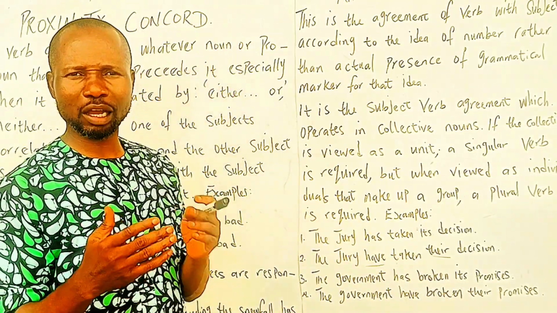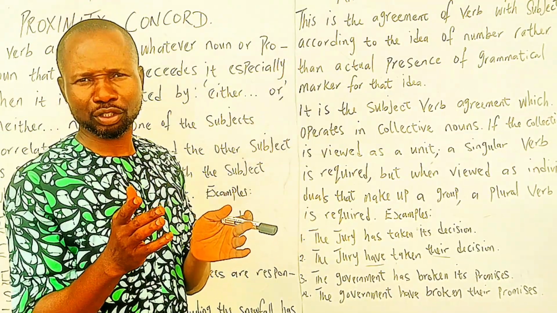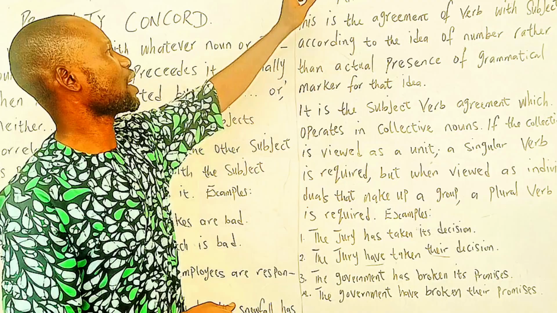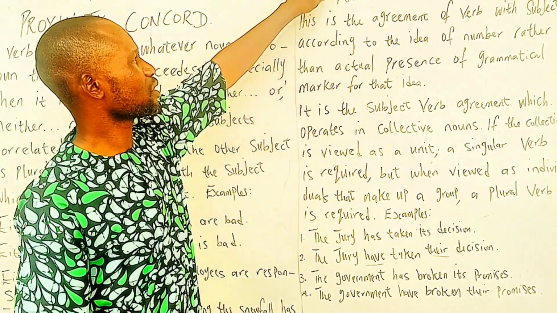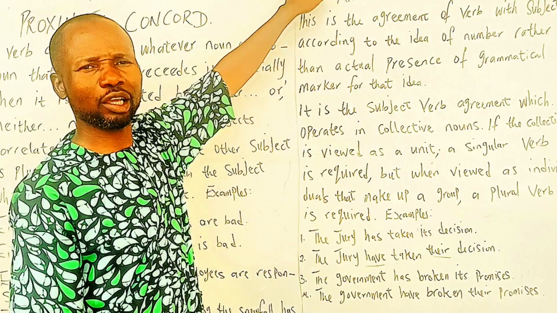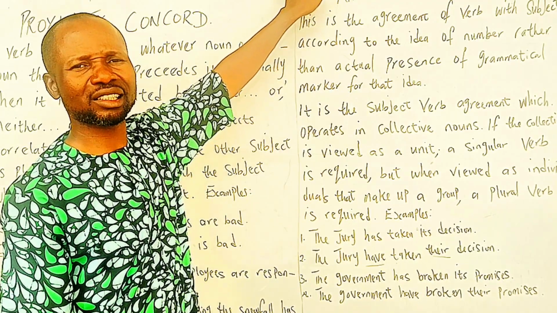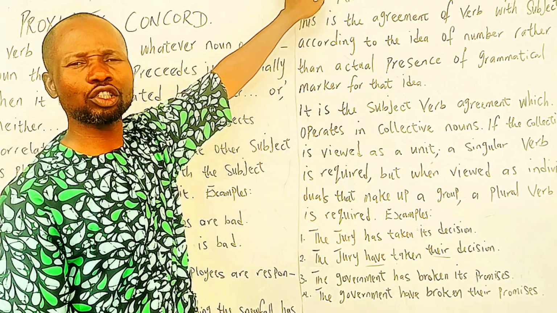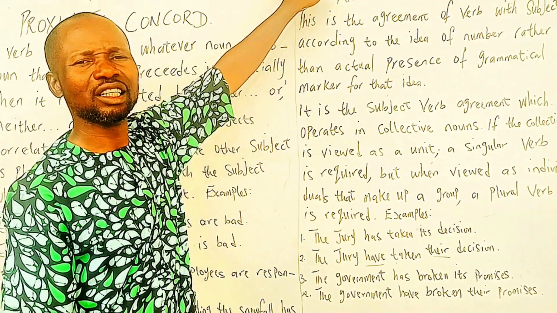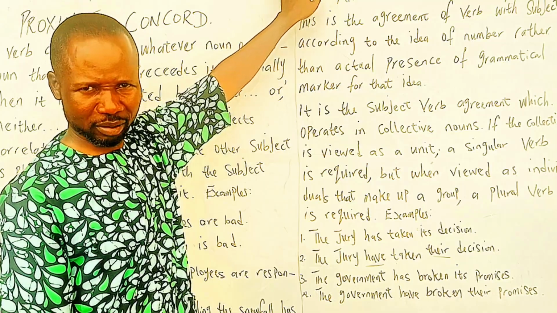We are looking at the government as a group of people. So thank you. Notional concord, as I say again, is all about something related to an establishment, government, or a body. If the body is being viewed as one, it takes a singular verb. And if the body or the establishment is being viewed as a group of people, it will take a plural verb.